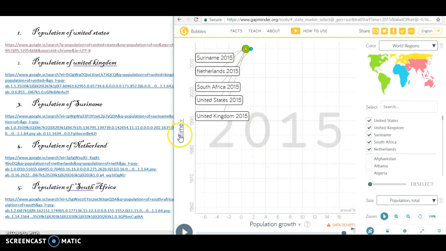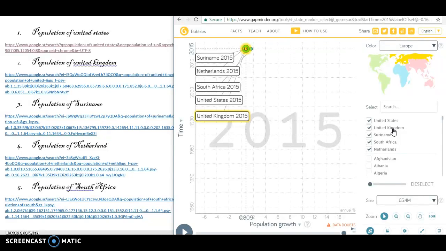Here I used the time to look at how the population grew in the past years till 2015. I chose these countries because in the past they had something in common. America was here.